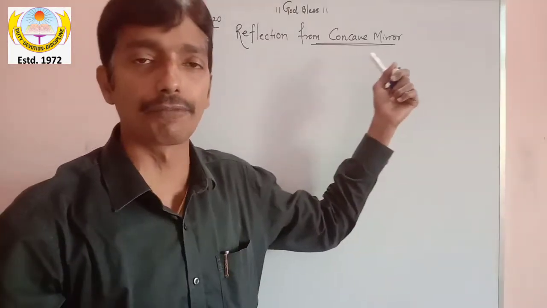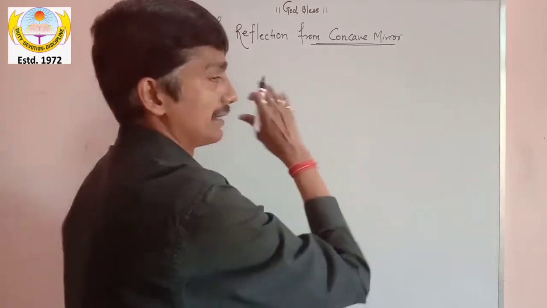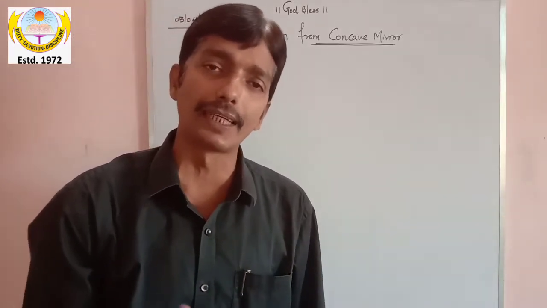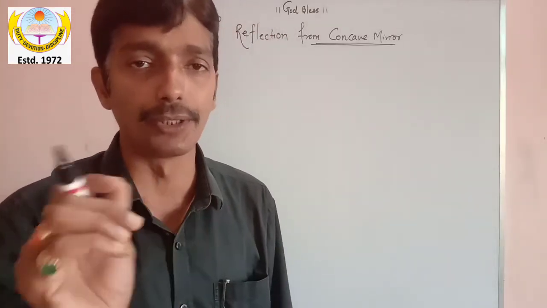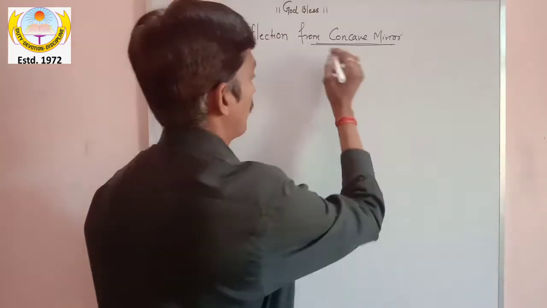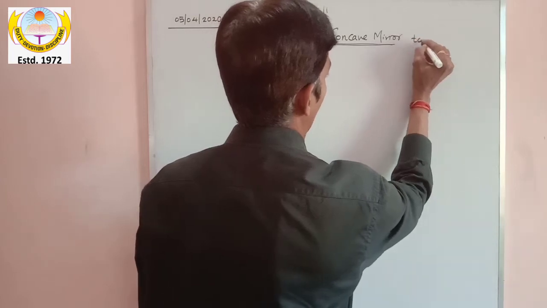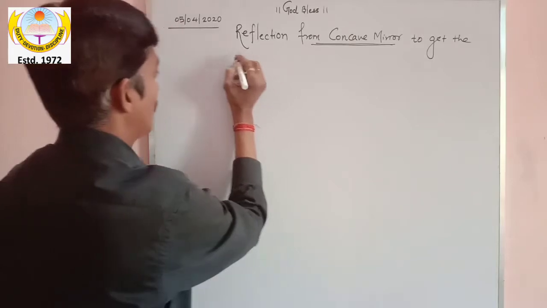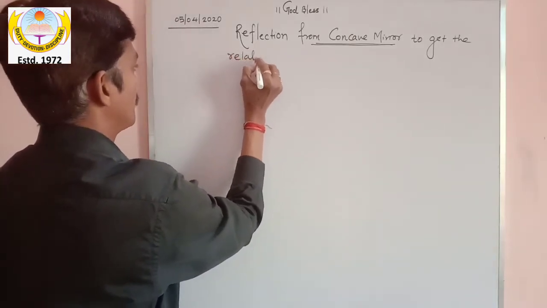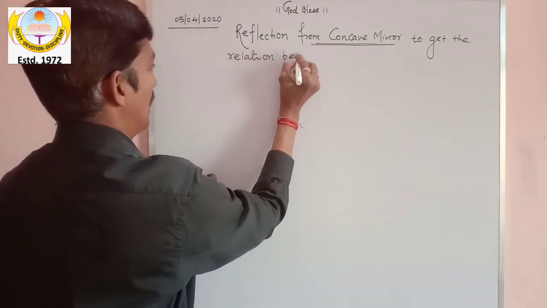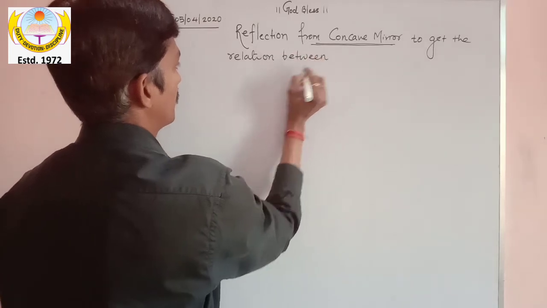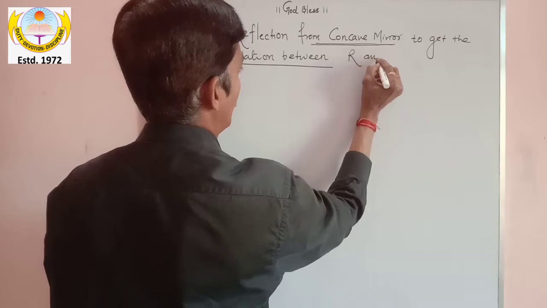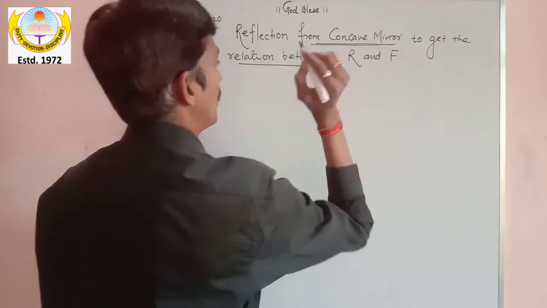So this is reflection from concave mirror, and this will not teach us only the reflection from concave mirror, it will give us a relation also, right? So we are going to get the relation also. So reflection from concave mirror, to get the relation between R and F. Now my dear, what is R?